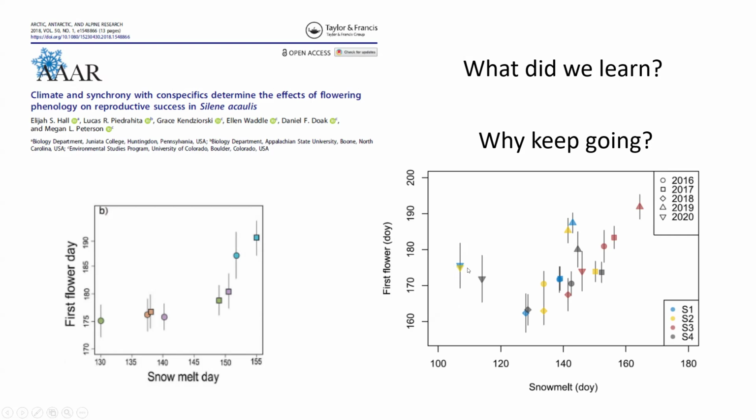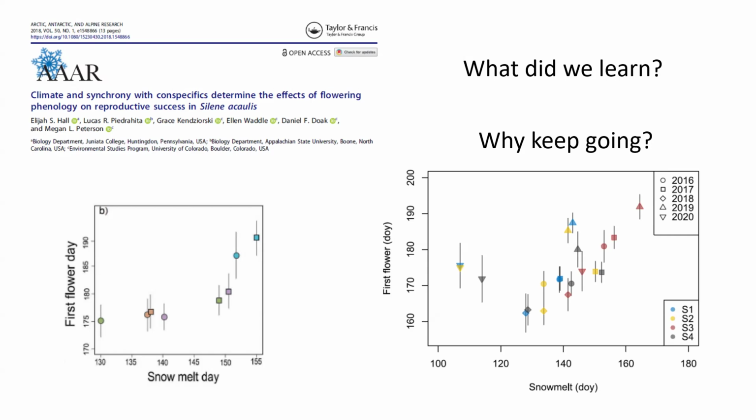And in fact, they flowered at about the same time as average. And this forced me to really think about what was going on in 2020 because it seemed like such a weird outlier year. And what I did is I went back into the temperature data and I realized that even though the snow melted very early, the temperature stayed fairly cool all that spring.